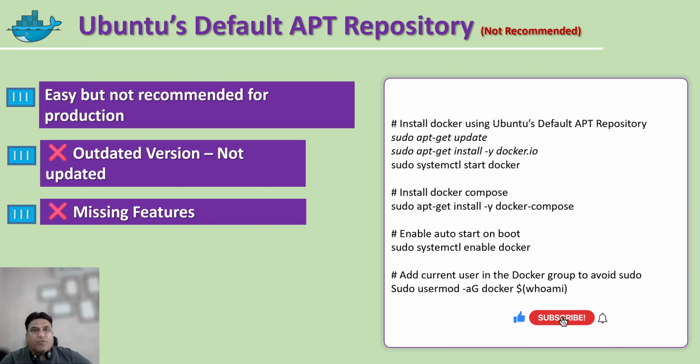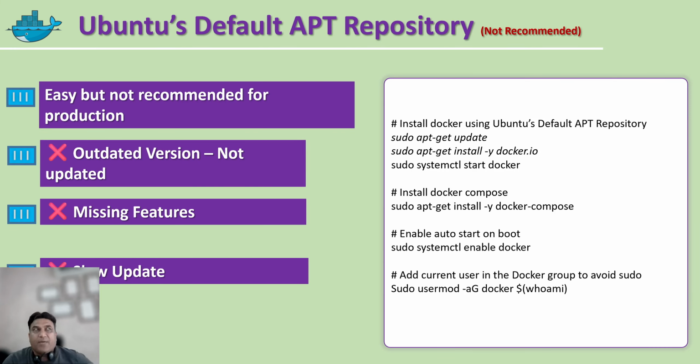Missing features, of course. If you are not installing the latest version, a few of the latest features do not exist in the version that you installed. Slow update, as we discussed, because once a new Ubuntu OS is out, they have their own timeline to release the new Ubuntu version, and Docker has its own timeline to release the new version.